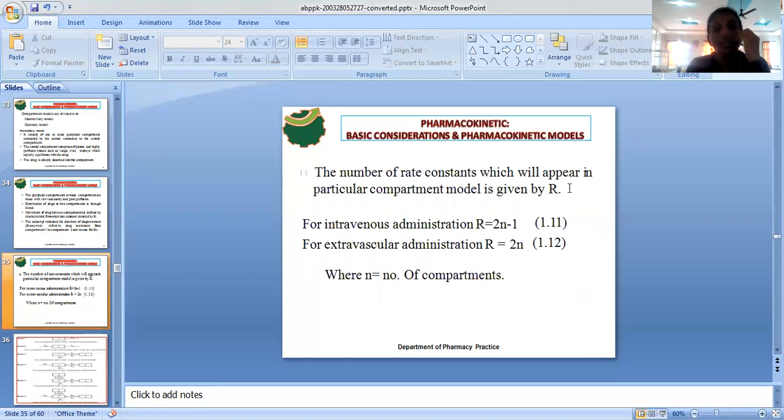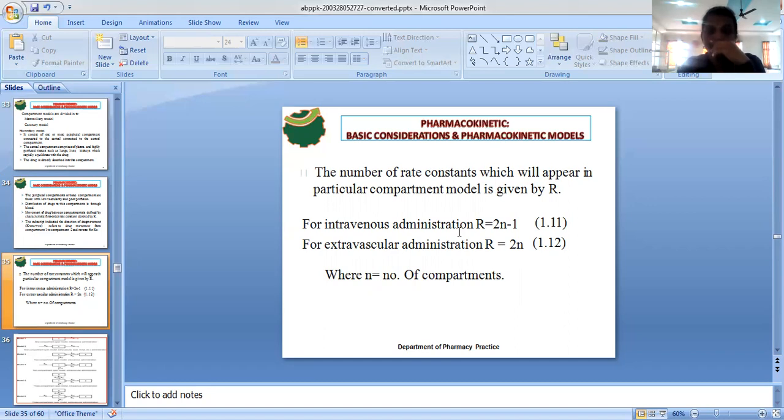In the whole pharmacokinetic model, the number of rate constants involved can be given by R. For intravenous administration, R is equal to 2n minus 1, where n is the number of compartments involved. With intravenous administration, the whole drug enters the systemic circulation.